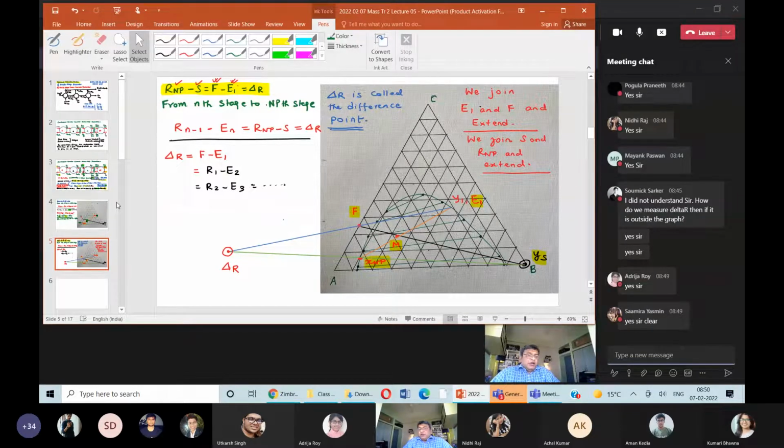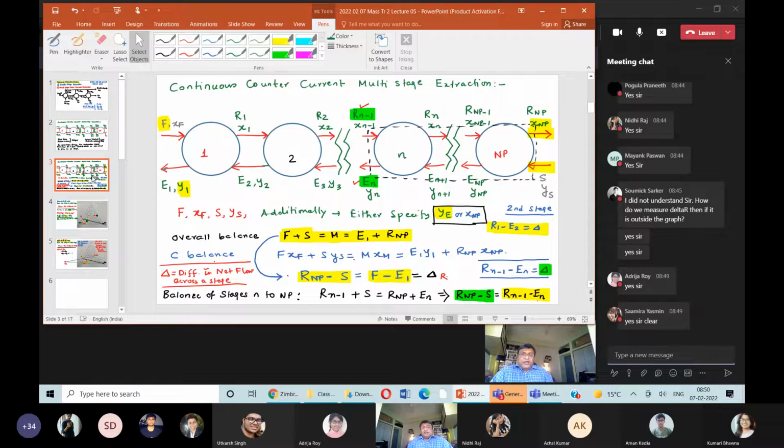Let me ask a question to all of you. Can you now locate R1 on this graph? What is R1? Had it been a classroom, we would have easily had everything together in a single slide.